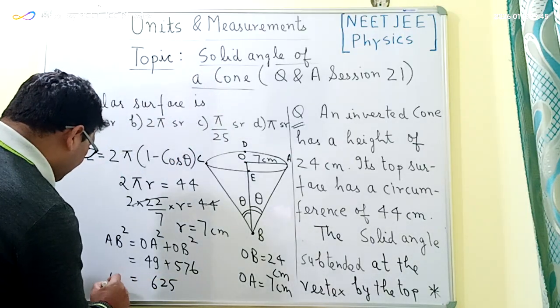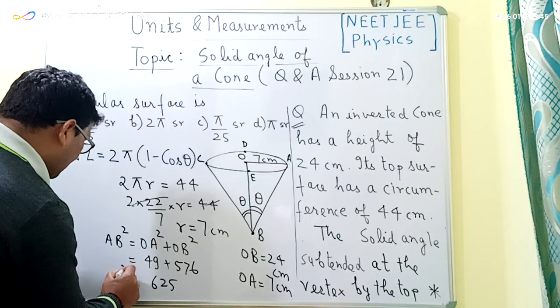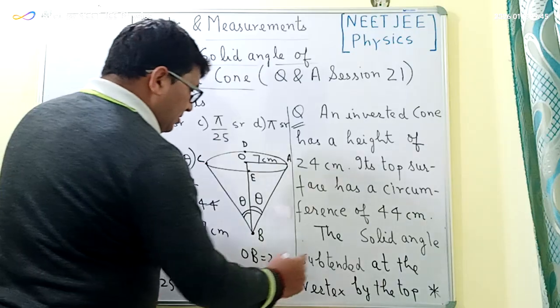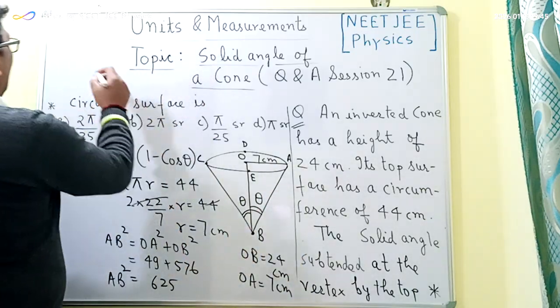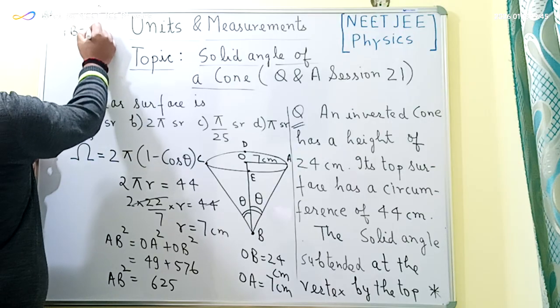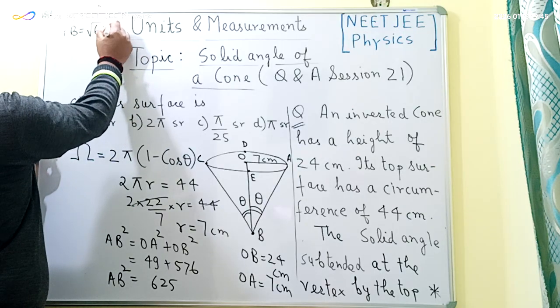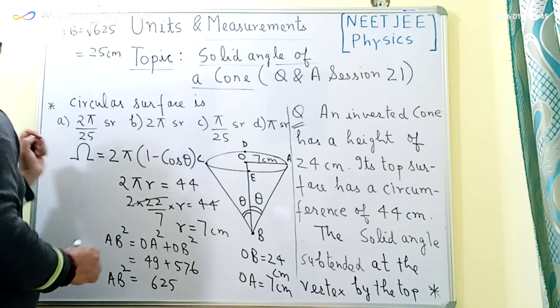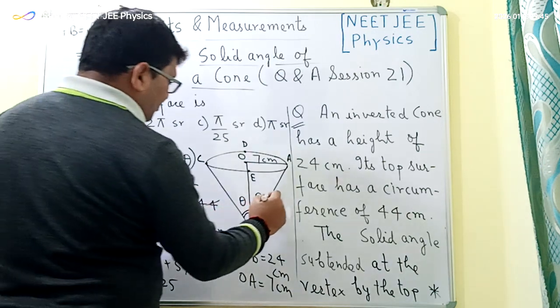So AB square is 625, and AB is under root of 625, which is 25 centimeter.